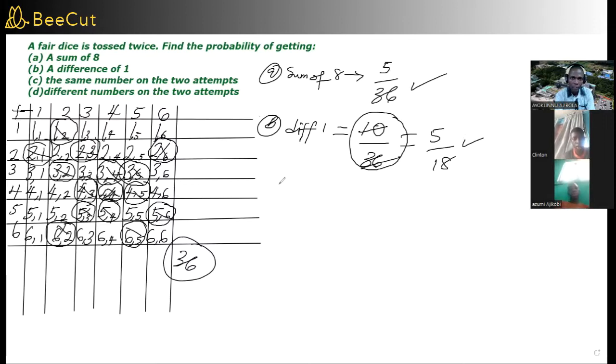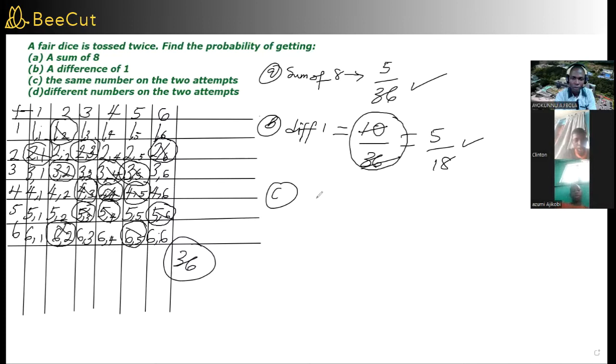Yes, sir. All right. So to the third question, find the probability of getting the same number on the two attempts. Same number. So that is like 1, 1, 2, 2, 3, 3, right? Yes, sir. So let's count: 1, 2, 3, 4, 5, and 6.